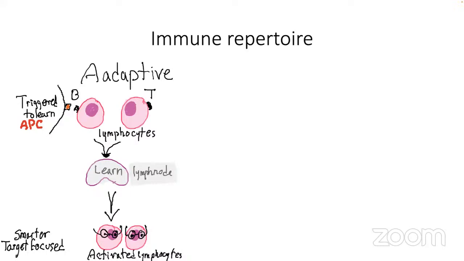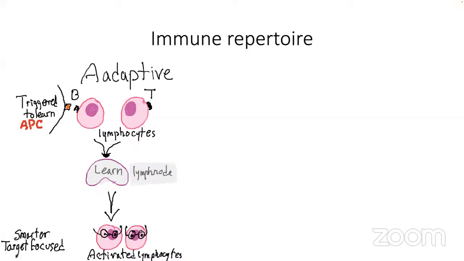They divide a lot, are reshaped in their performance, and become more and more specific to the antigen, in a process that happens primarily in the secondary lymphatic organ, which is a lymph node. The primary one is the bone marrow, and the secondary, let's call it the lymph nodes for simplicity.